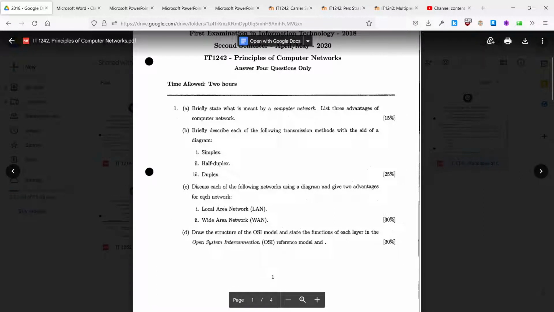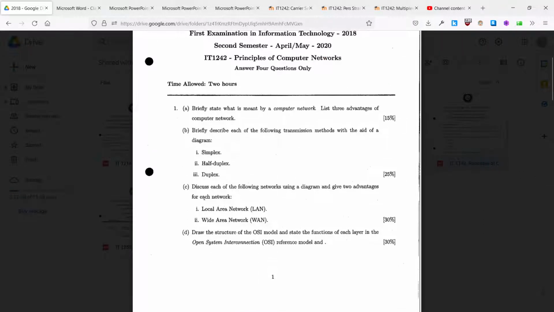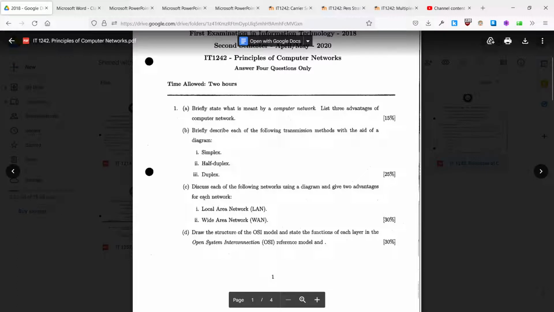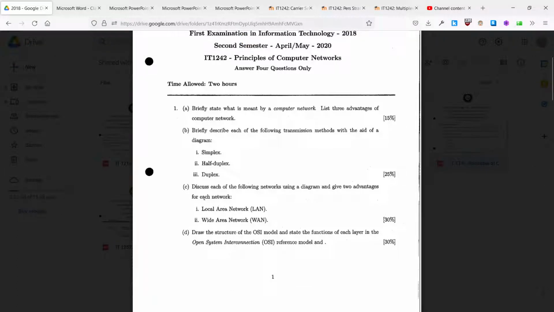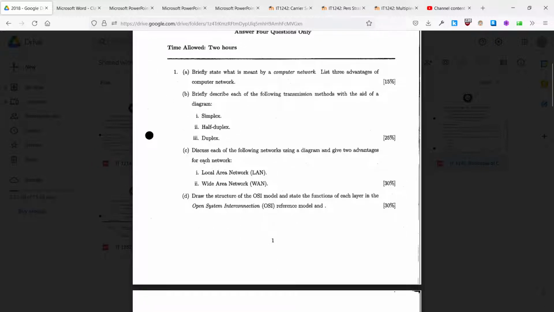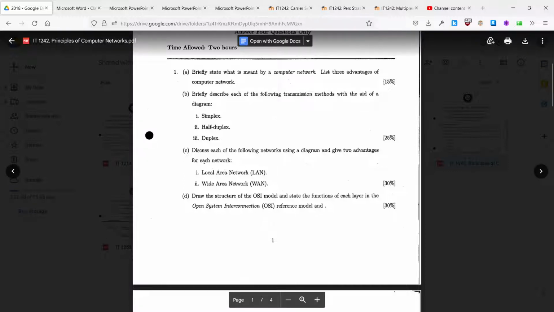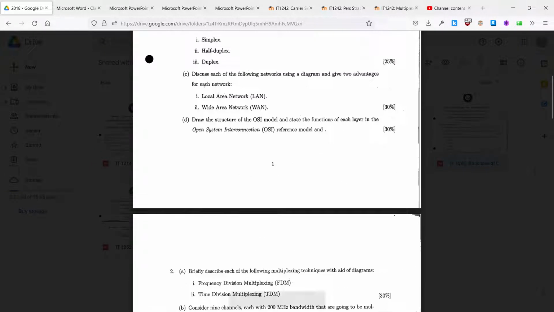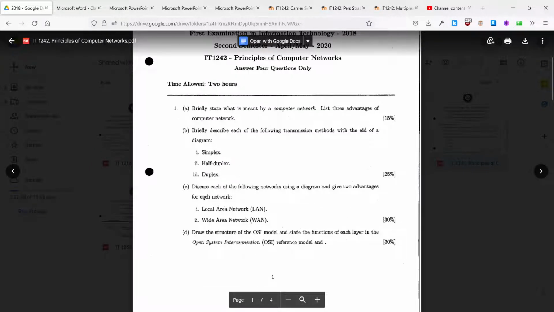The first question, the second part, B: briefly describe each of the following transmission methods with the use of a diagram, what we discussed previously. And the next part, C: discuss local area, wide area, and the first part, what is a computer network, its advantages. We can also talk about its disadvantages, and then OSI, that's a different video entirely.